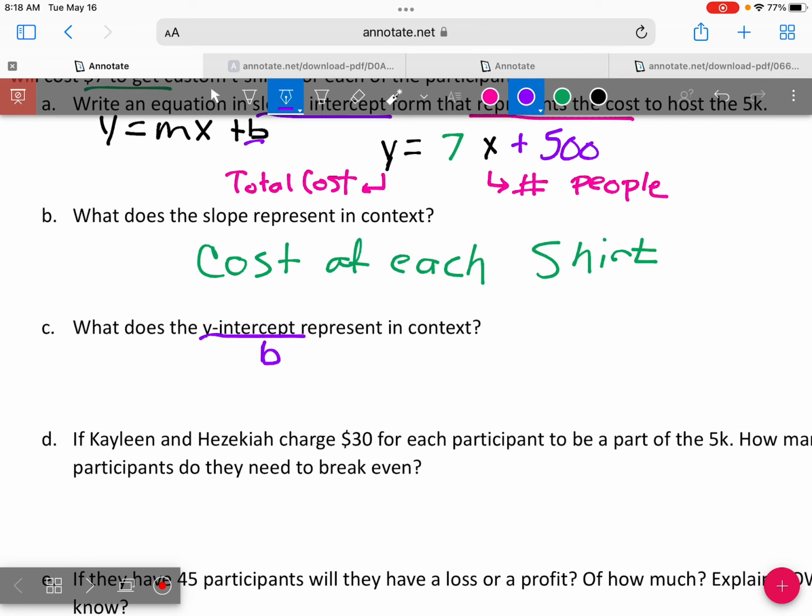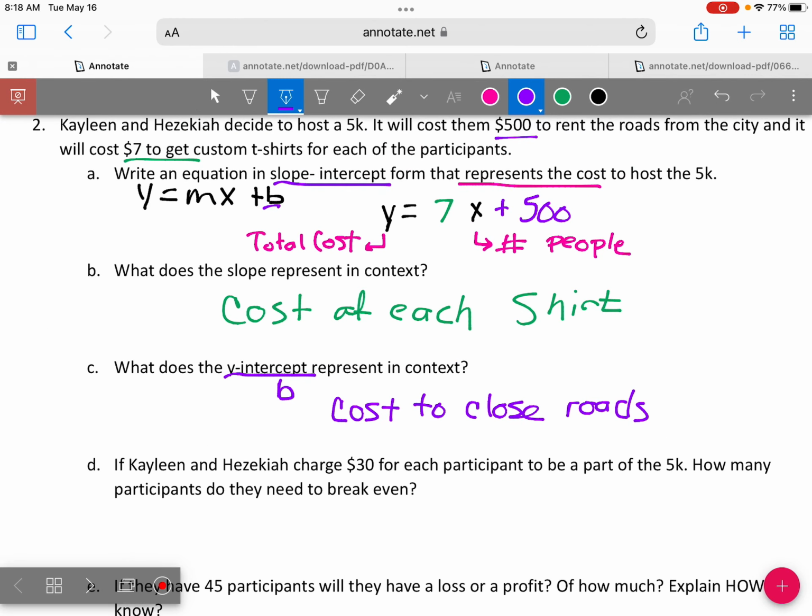How much it will cost them to rent the roads. It's the cost to close the roads right there.